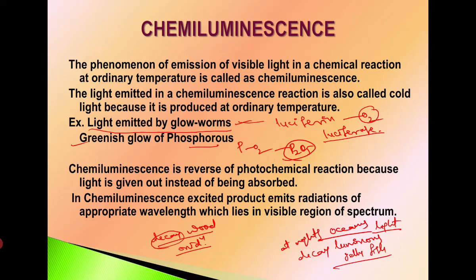Therefore it can also be termed the reverse of a photochemical reaction. In chemiluminescence, the excited products emit radiations of appropriate wavelength which lie in the visible region of the spectrum. Therefore, as it emits radiations in the visible region, we are able to see the glow, or the phenomenon.